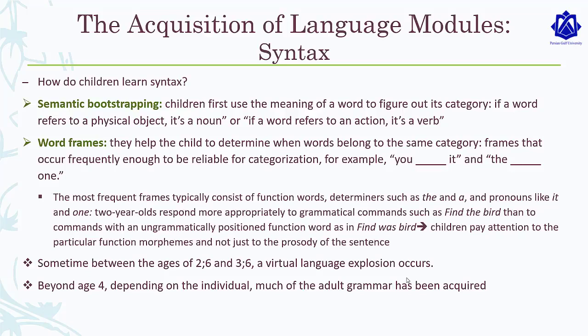And they know that it is used for that object. So whatever comes before that would be the verb, and they would use it in order to learn the verbs.